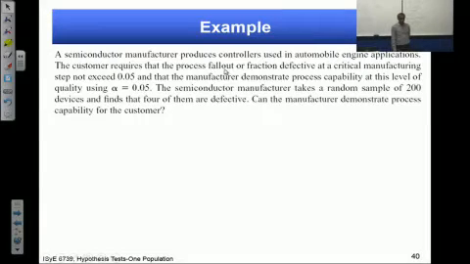So the key point for finding whether it should be one-sided or two-sided, or if it is one-sided, which direction, is here. So fraction defective at the critical manufacturing step not exceed 0.05. That's basically the key sentence.